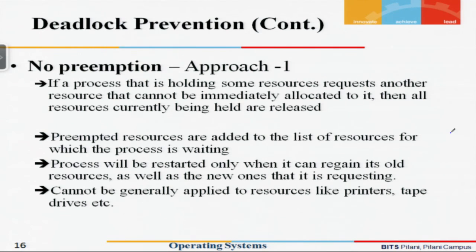In this case we are saying that if a process that is holding some resource requests another resource that cannot be immediately allocated to it, then all currently held resources are released. For releasing the resources, we are preempting them. So we are trying to create a new protocol here. We are saying that this is how it should work.